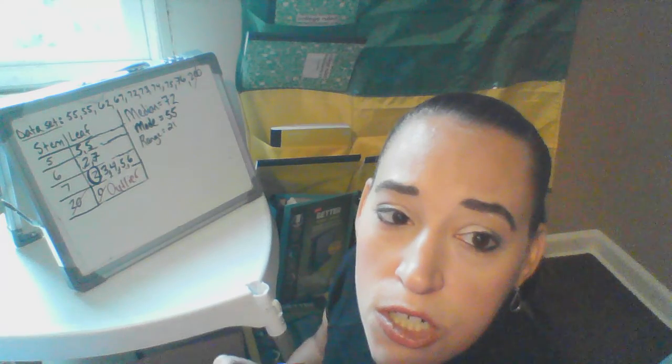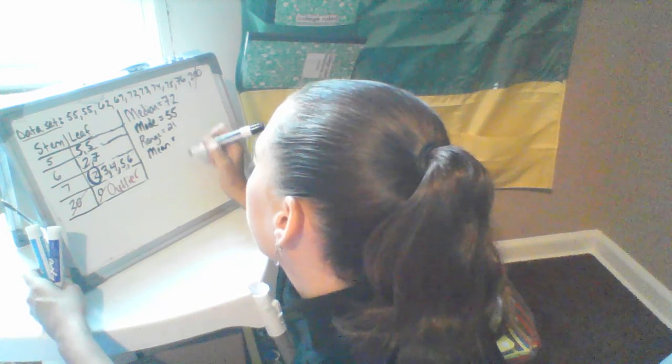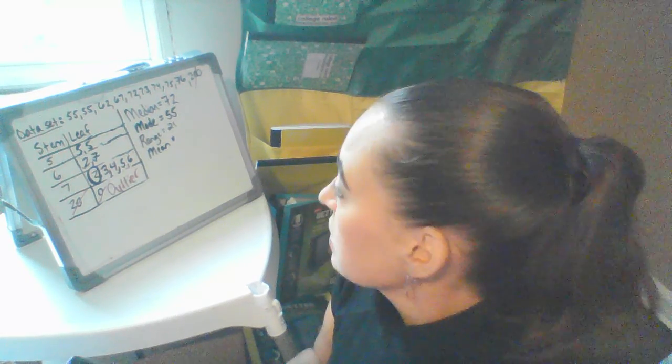And then the last thing that I taught you how to do was your mean, which is your average. So we're going to use a calculator. I'm not doing that in my head. So 55 plus 55 plus 62 plus 67 plus 72 plus 73 plus 74 plus 75 plus 76.